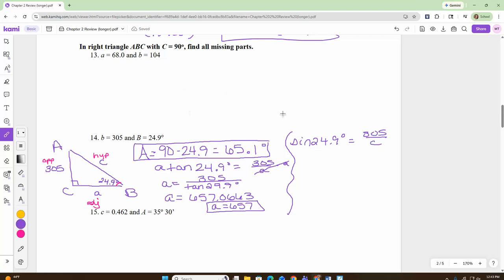Just make sure you're showing me that. So if I do my trig function, I'd multiply by C and divide my sine. So we get 724.4039, or significant digits 724.